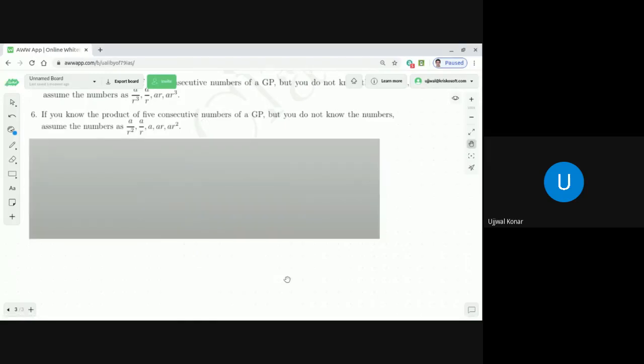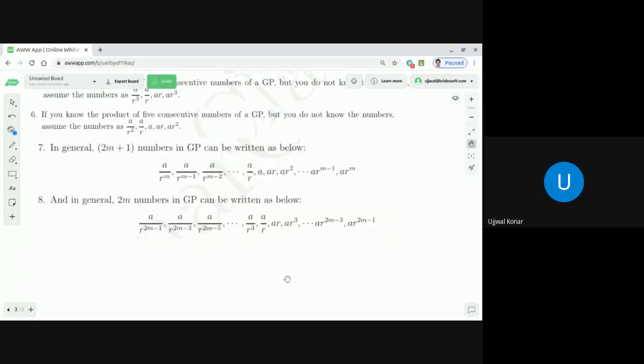As you see in front of your screen, it is A by R power m, then A by R power m minus 1, then A by R power m minus 2. In that way, it goes to A by R, comma A, comma AR, comma AR square, up to AR to the power m as the last term.